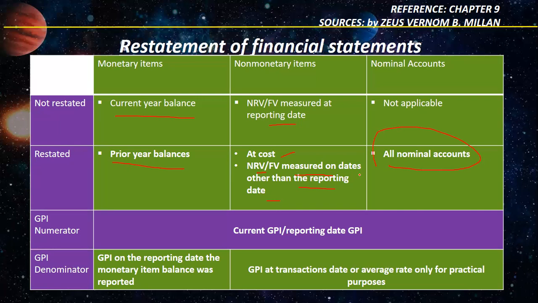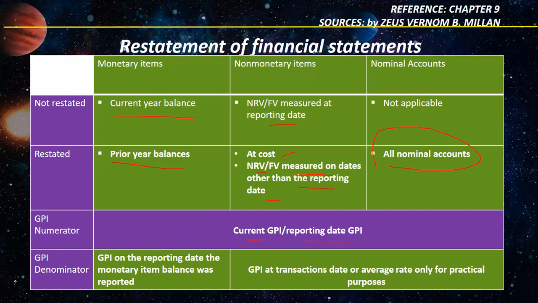So the formula is very basic. When we restate, we have a fraction. For all monetary items, non-monetary items, and nominal accounts, we have the same numerator, the GPI on reporting date. What differs is the denominator.